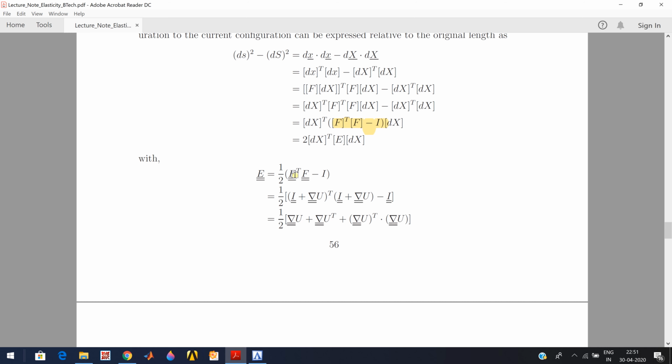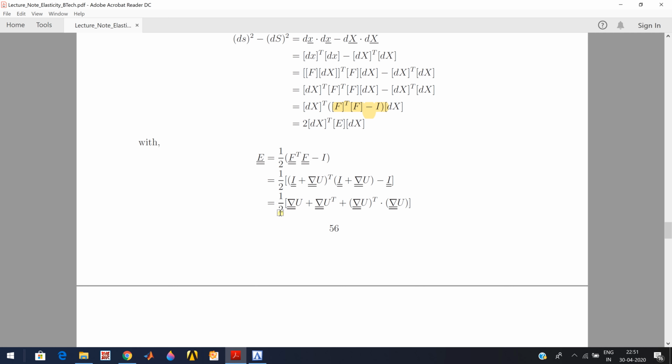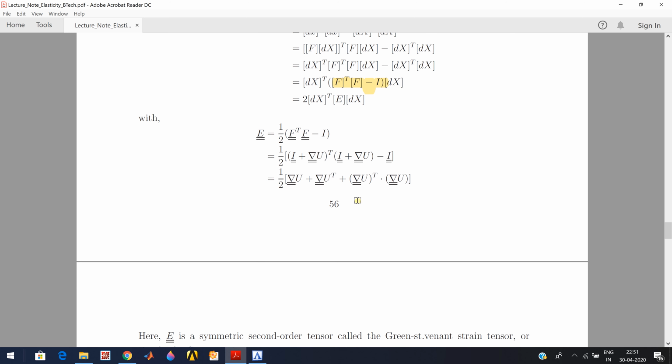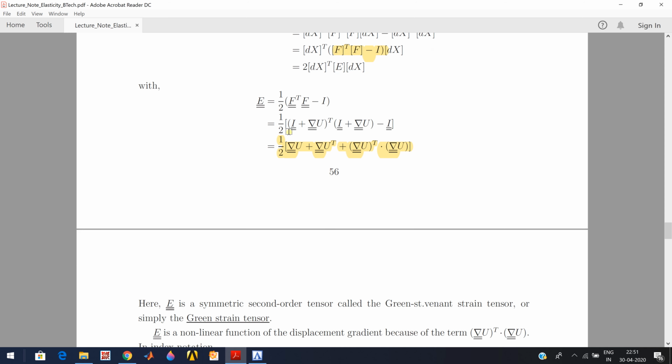So if we just put that relation, then we will get this strain tensor E with respect to the displacement gradient tensor grad U. Okay, and you can see this is the final relation of the Green strain tensor.